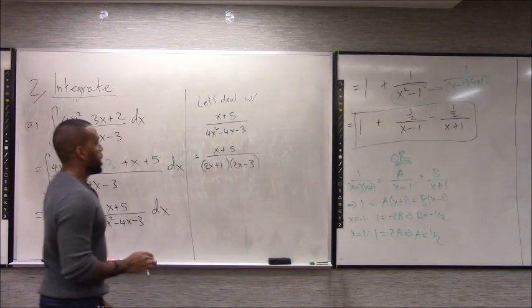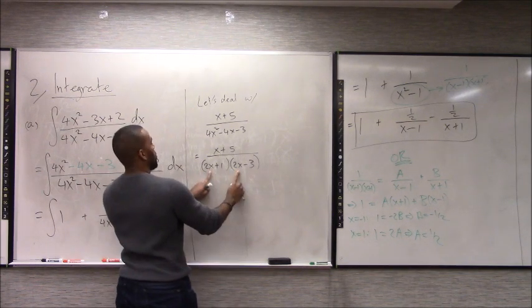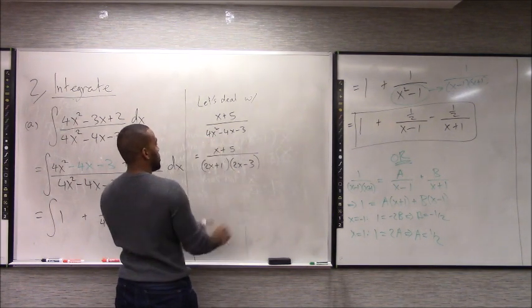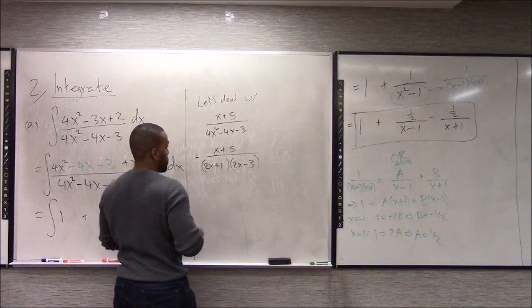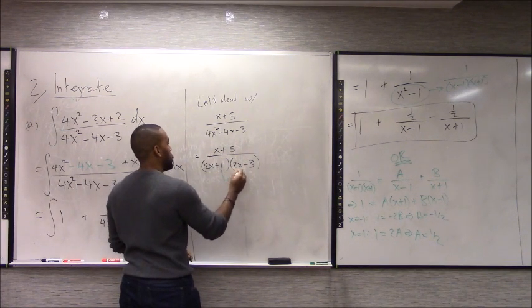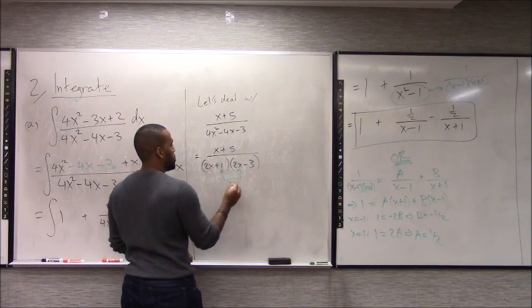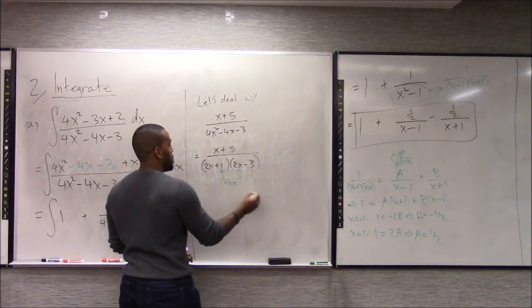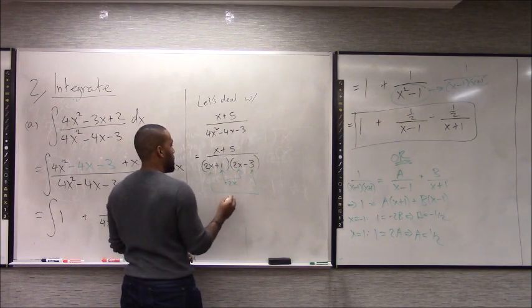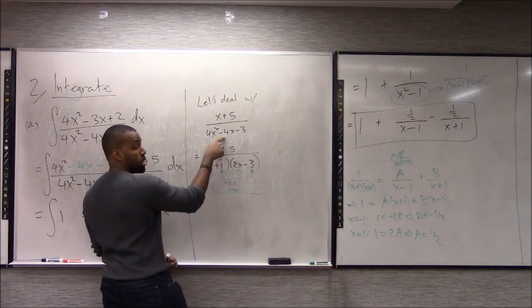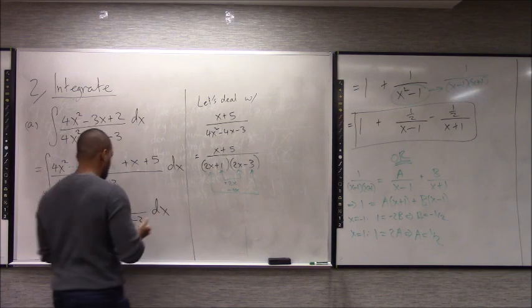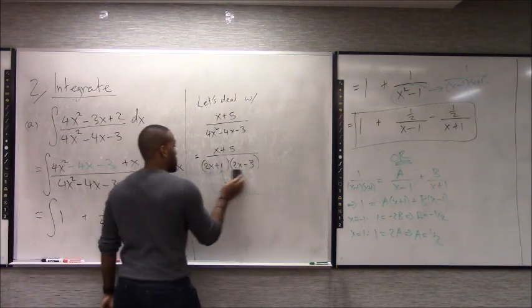And do a quick check here. The product of the first terms gives us the first term. Product of the last terms gives us the last term. To figure out if it works for the middle term, you multiply the two inner terms, you would get 2x positive. Multiply the two outer terms, you would get minus 6x. If I take a plus 2x minus a 6x, I do get a minus 4x, so yeah, it's a good factoring.